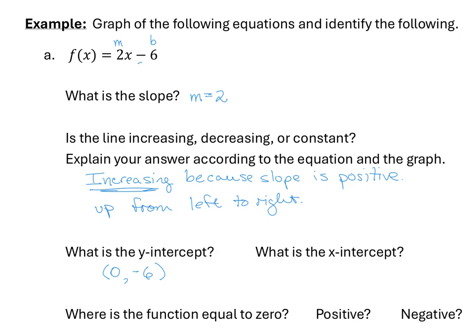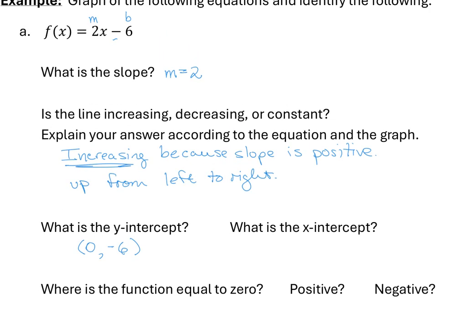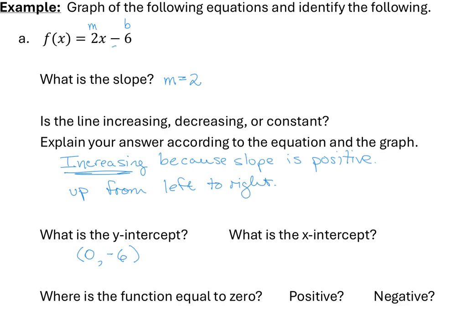The x-intercept, we can do a couple different things to find this. One of the first things that we can do is remember that x-intercept means y equals 0. And so if we plug in 0 for y, or for f of x, we can then solve for x.